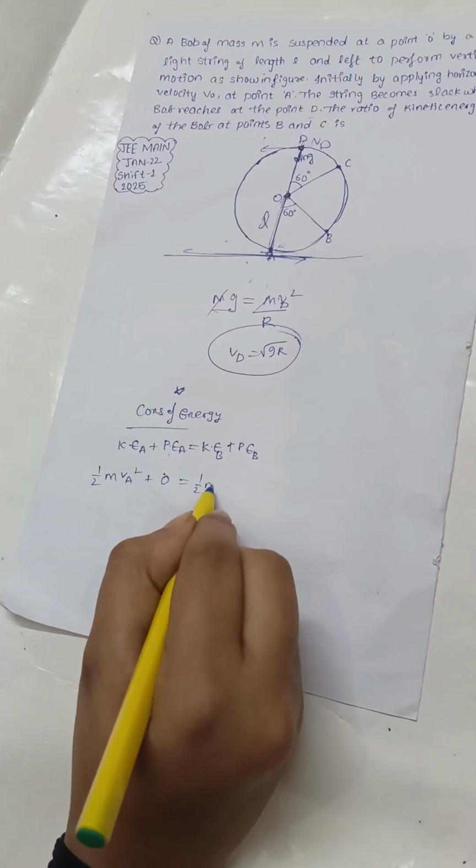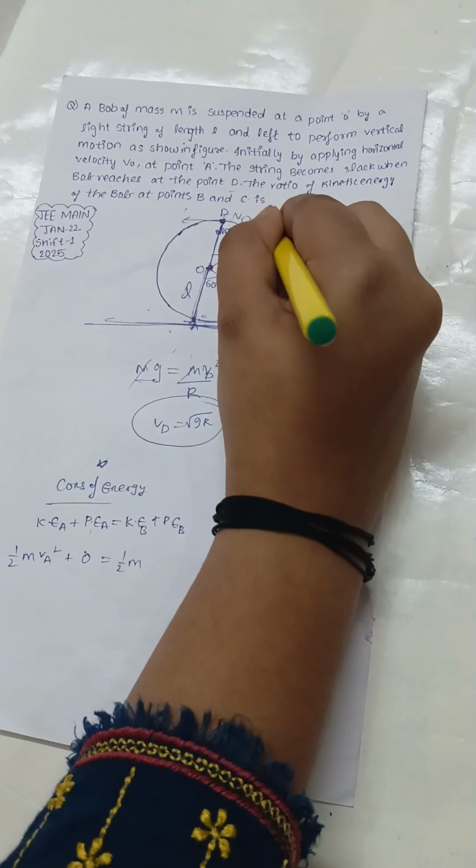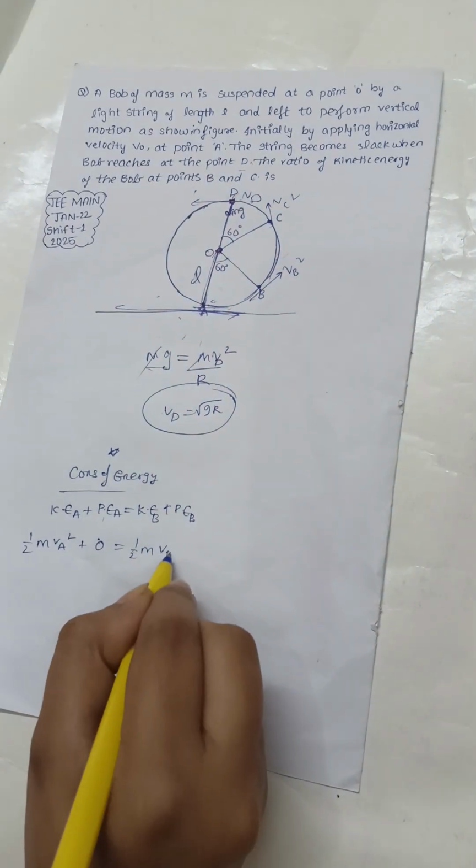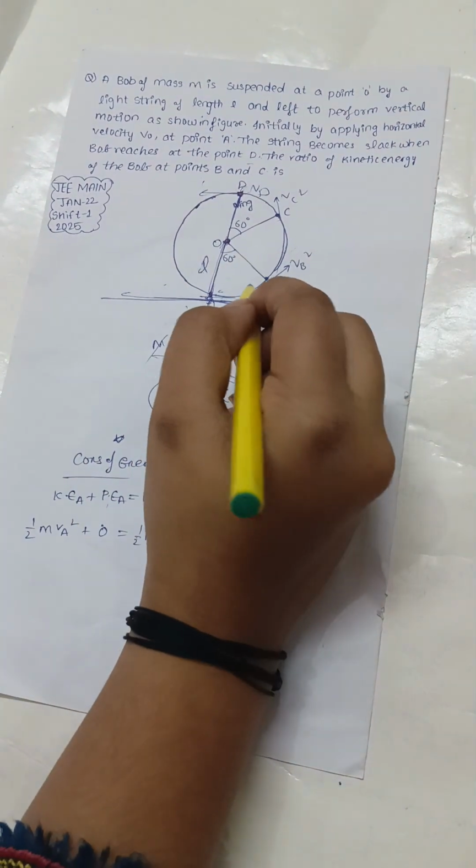At B it is half m vB square plus mg into height. We have to find this height.